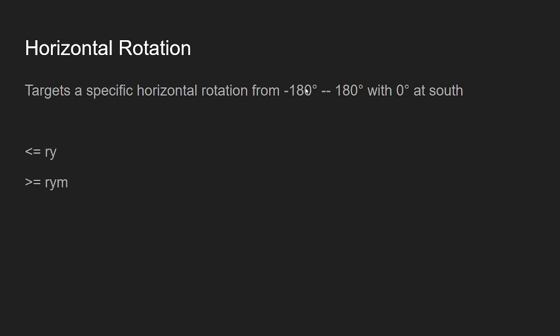Next up is horizontal rotation, which targets an entity looking at a specific horizontal rotation, with both -180 and +180 looking directly north. 0 degrees is looking directly south. So basically think of it as having south, and as you increase in value, you start to look more and more west until you're at +90, which is directly west.